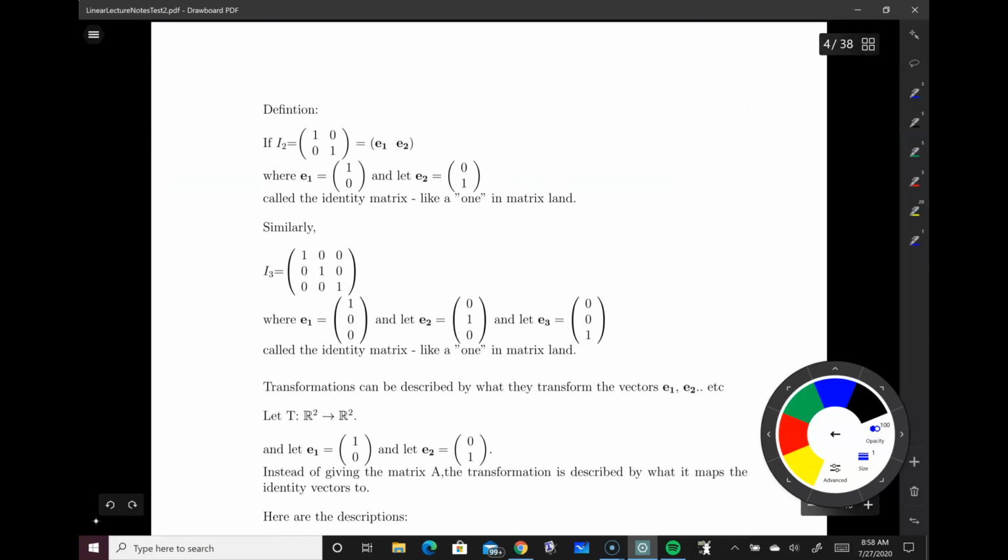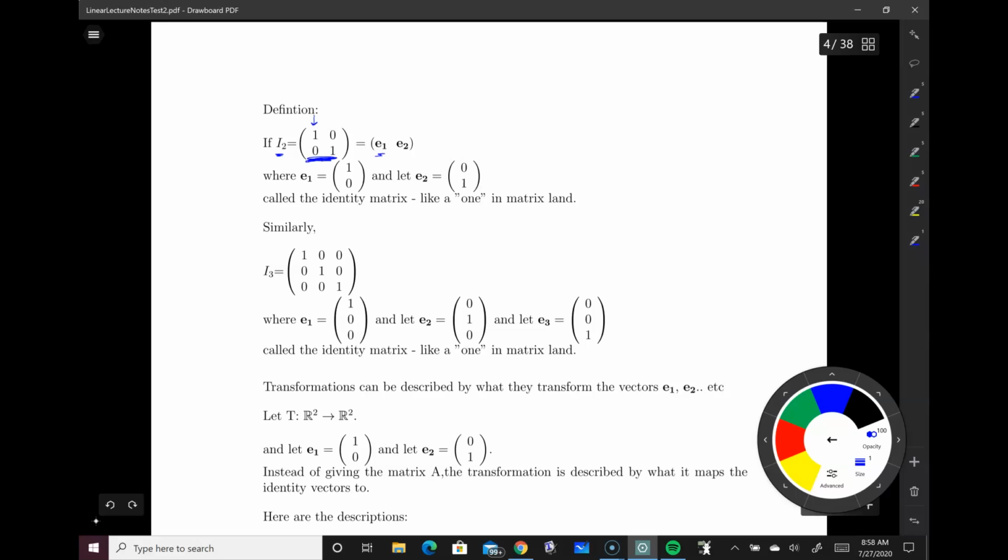So let's move on to some more definitions of things you'll need to be comfortable and familiar with. So I've already talked about this as being like the 1 in matrix land. And so if we're in a 2 by 2 matrix, then this is the 1. Now this only works when we're talking square matrices. And we call this first column vector E sub 1. Remember, if it's capitalized, that means it's a vector. So this is E sub 1.